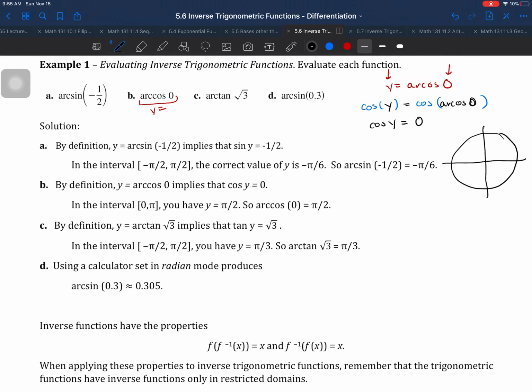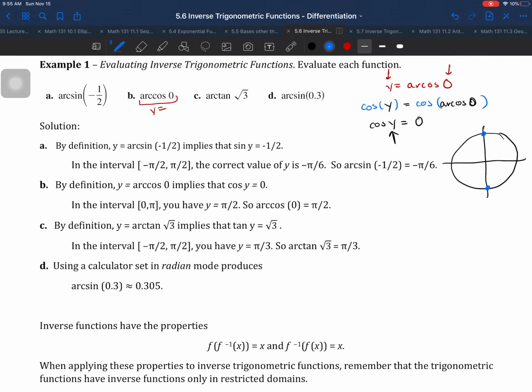You're looking for the angle that when you apply it to the cosine, it will give you 0. Remember that the angle here and there gives you cosine of 0.